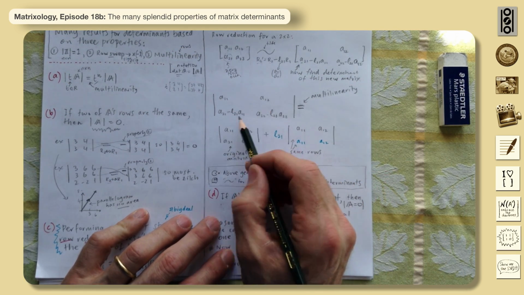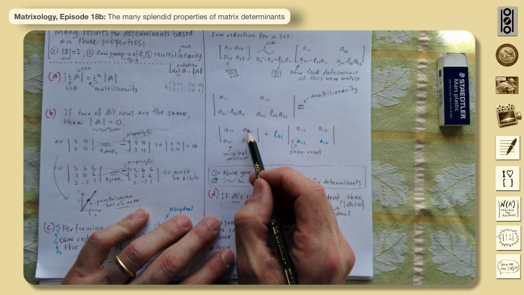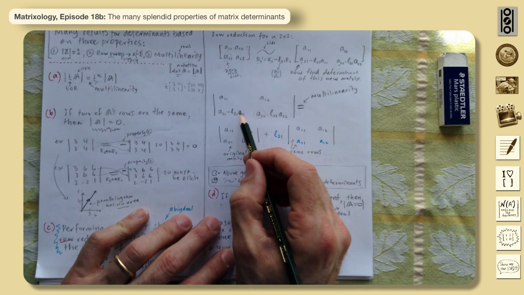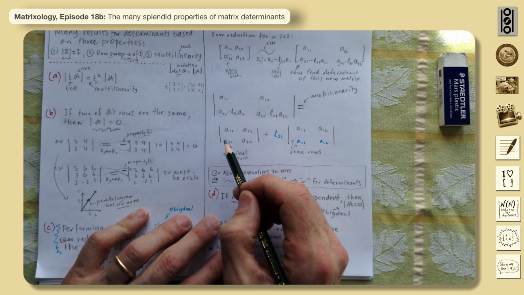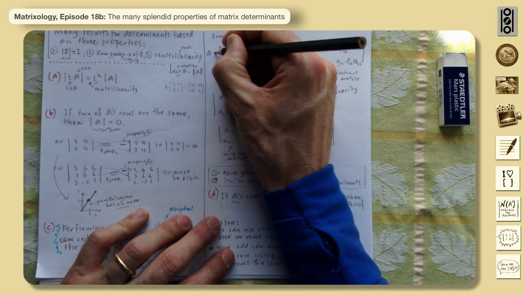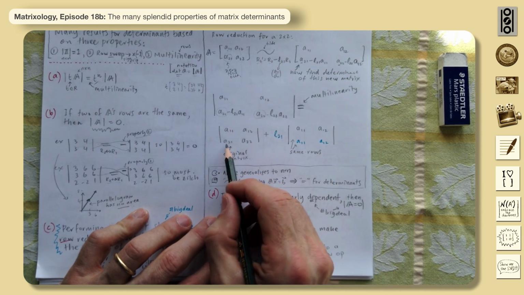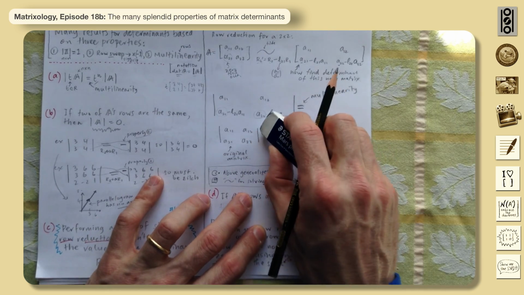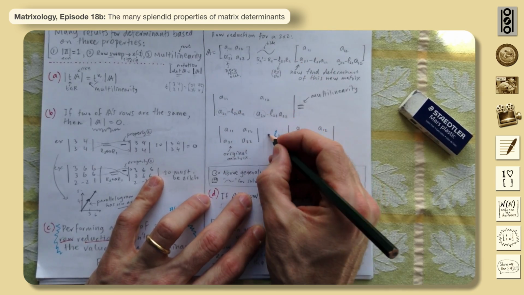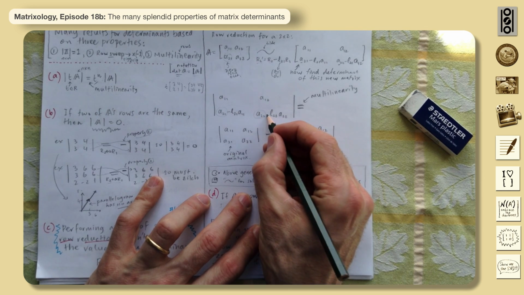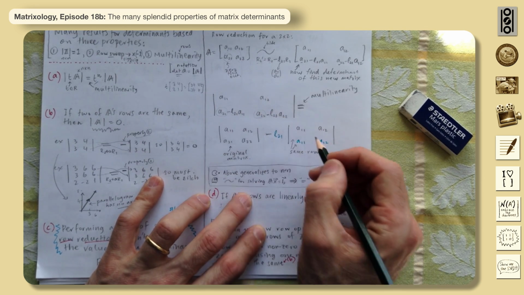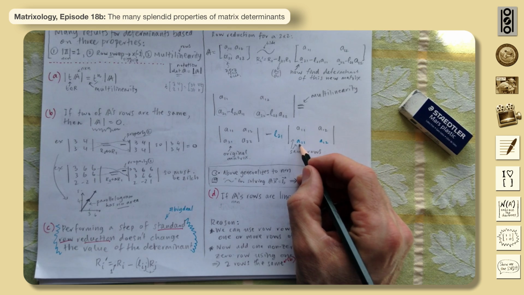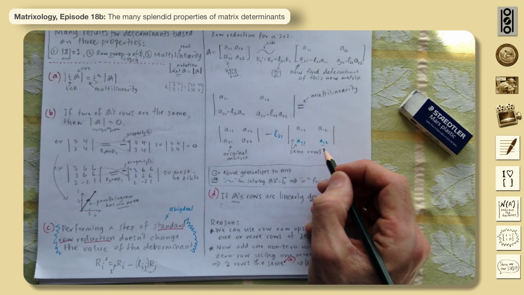A very natural thing to do is to leave the part of the original A matrix here. Let's call this A, the original A matrix here. And then we want minus L21, that's our multiplier, and A11 and A12 will end up on the bottom here, right?